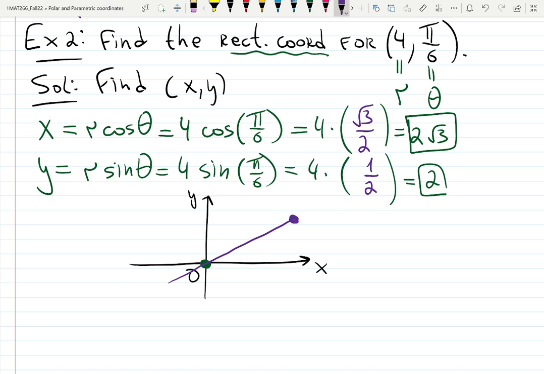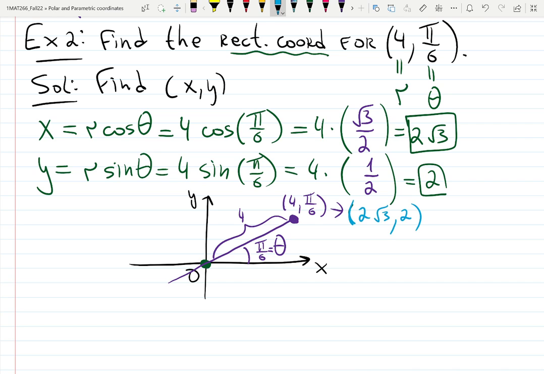Pi over 6 was given as theta, and the radius 4 was given. Our job was to find the coordinates, so we moved to the Cartesian coordinates using the formula, and it became 2 square root of 3 comma 2.